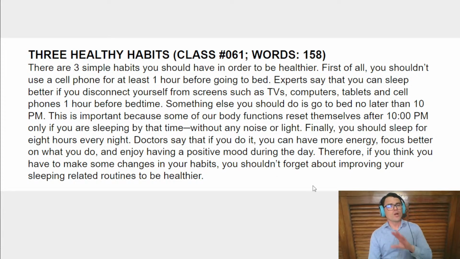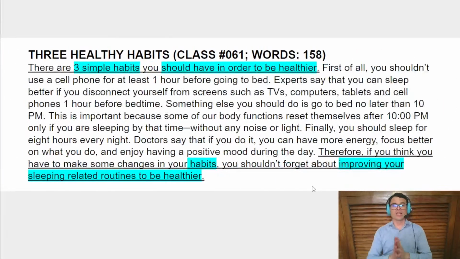Nice. So, what can we say about this paragraph? Well, it has an introductory sentence and also a concluding sentence. The introductory sentence is talking about three simple habits that you can have to be healthier. If you read the whole paragraph, you can identify those three simple habits.